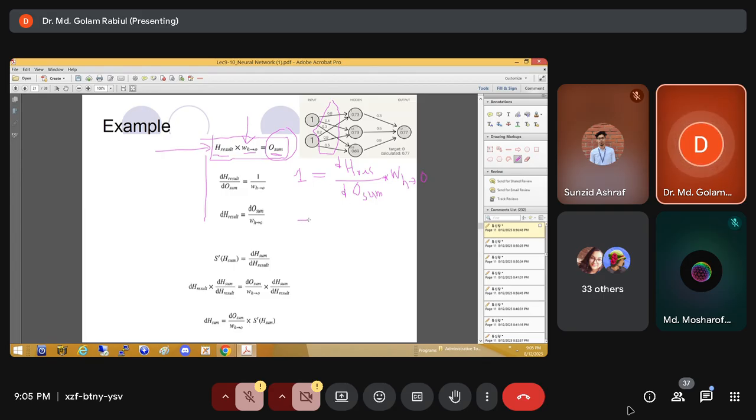Then from here we can see we will get 1 by WHO equals delta hidden results divided by delta output sum.